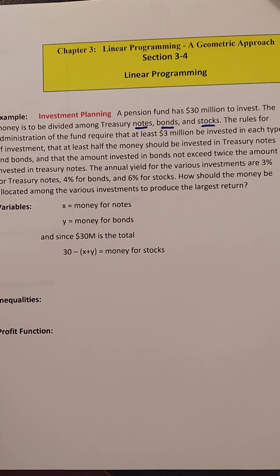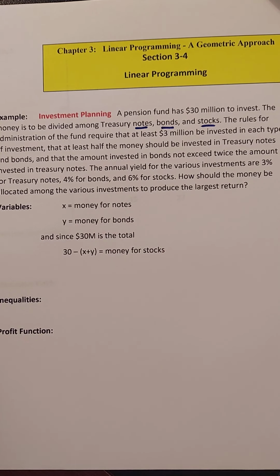Okay, so I went ahead and put some things together. First of all, X is going to be the amount for the notes, and Y is the amount for bonds. Now, at first, I thought, okay, let's let Z, the letter Z, represent the amount for the stocks.